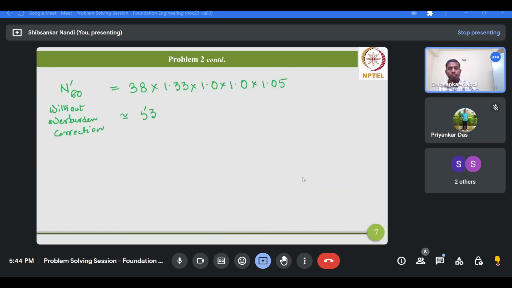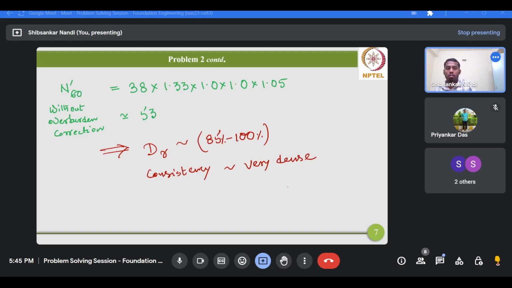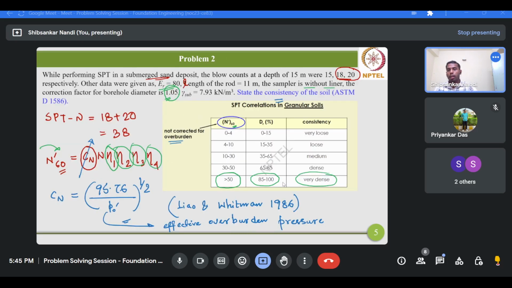So we can say the DR value would be between 85 to 100%, and the consistency would be very consistent. Any problem up to this part?